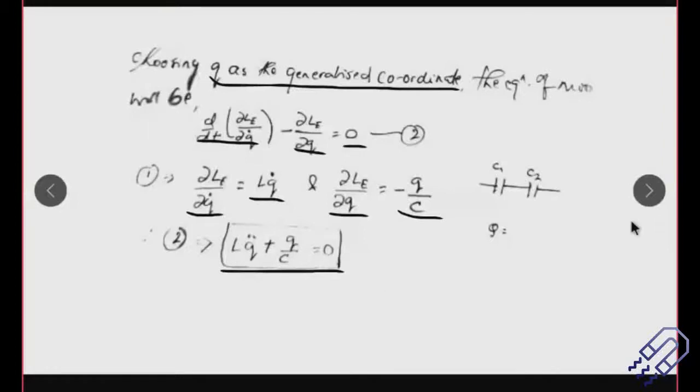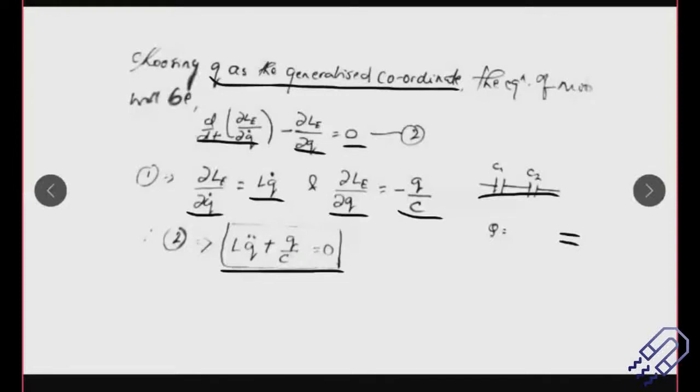But then there might be a trick question, like if there are two capacitors connected in series, or two capacitors connected in parallel and so on. In that case, you have to design your electrical energy accordingly, because if they are connected in series, then 1 by resultant capacitance is equal to 1 by C1 plus 1 by C2 and so on.